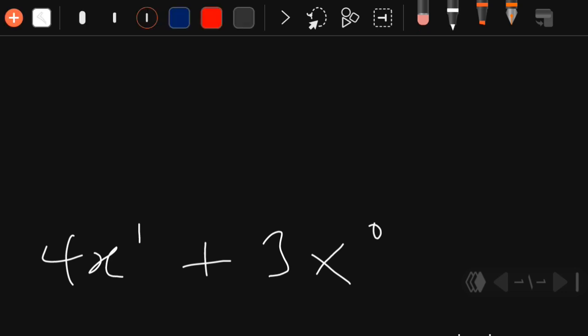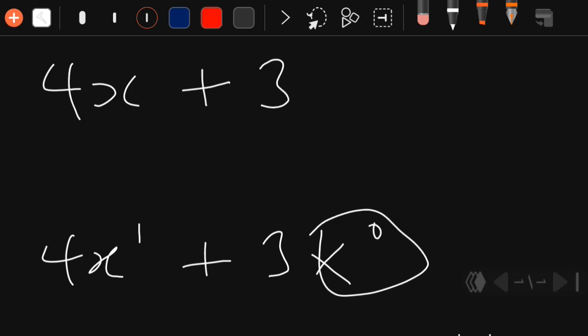So it will be just 4x plus 3, because x to the power 0, the answer is 1. So which will just be times 1, and it will be 4x plus 3.